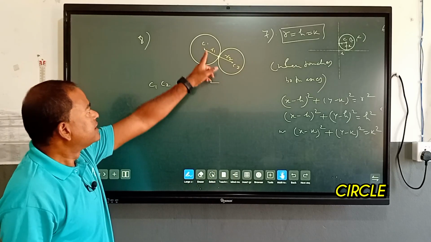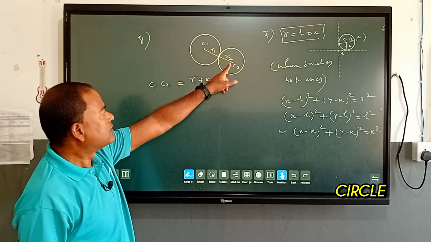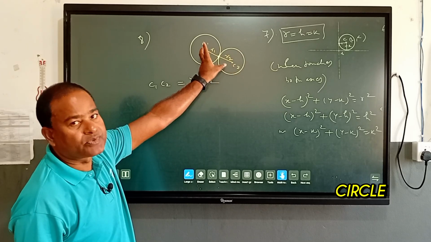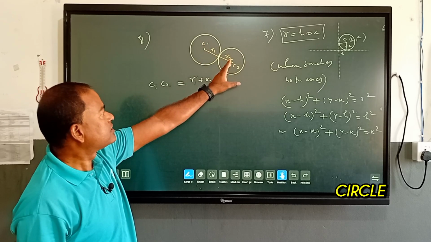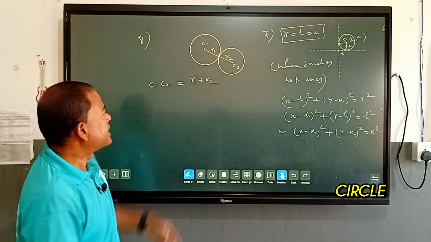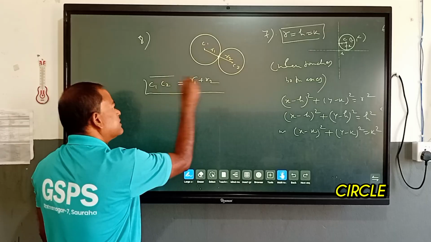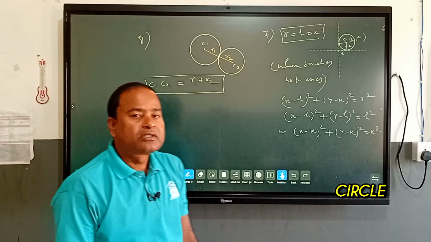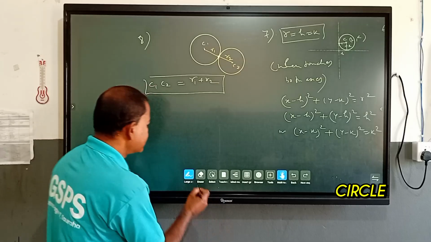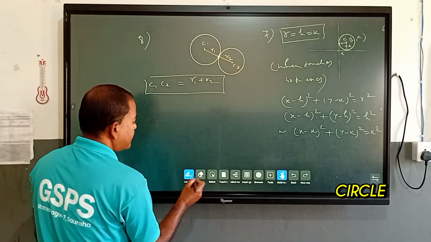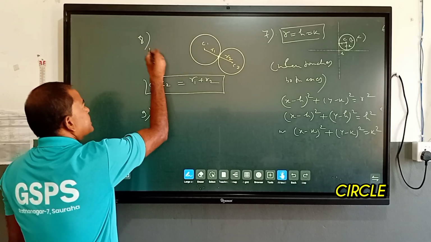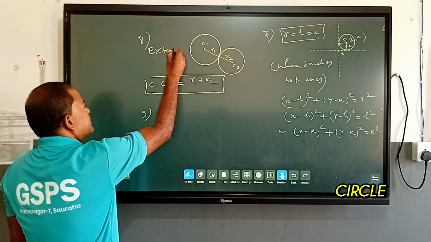C1 C2 will be equal to R1 plus R2. So this is the condition when two circles touch externally.